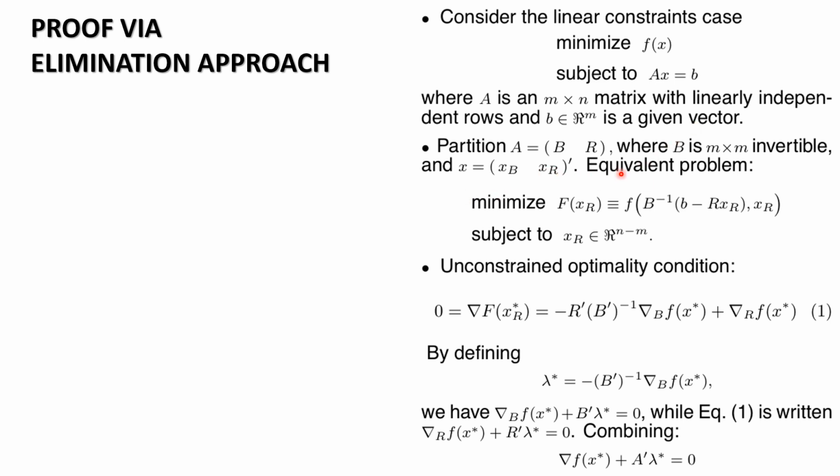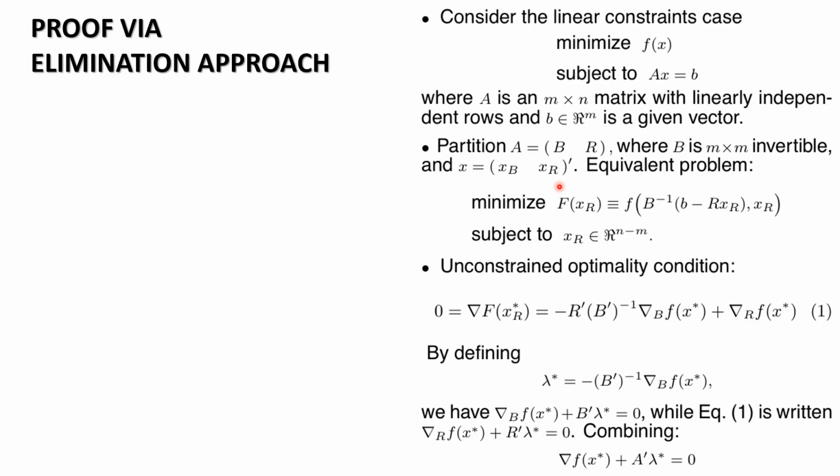Now we are partitioning the variables. We split the variables and the matrix A into two parts B and R, where B is m by m invertible and x is equal to the transpose of the vector (xB, xR).